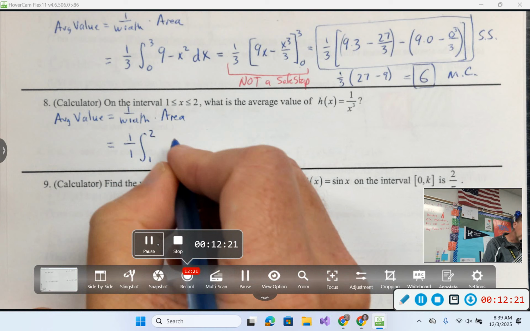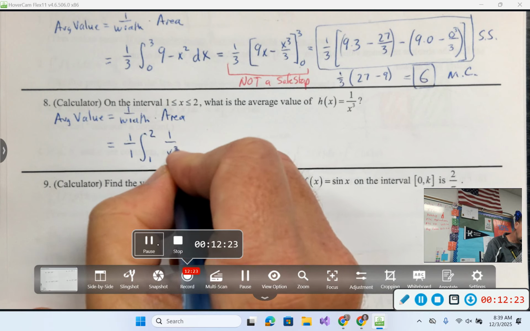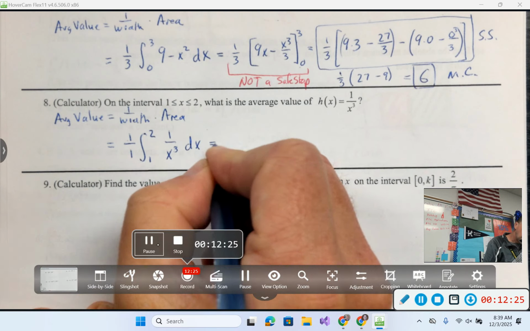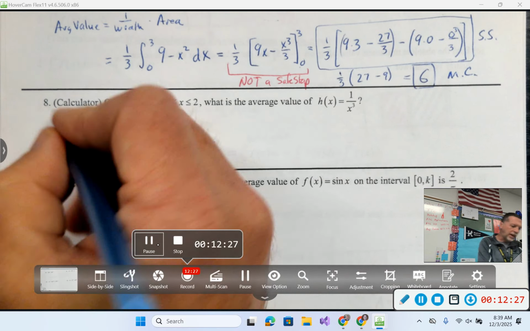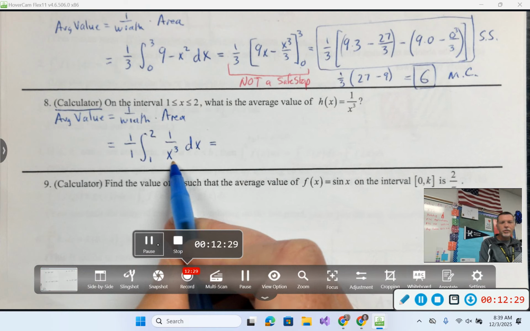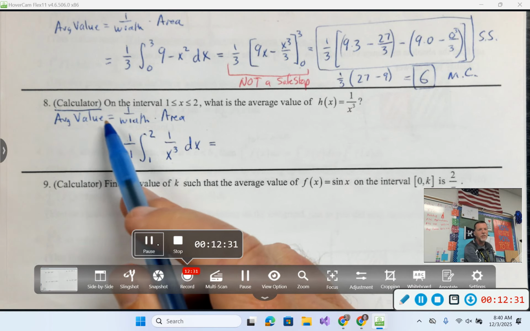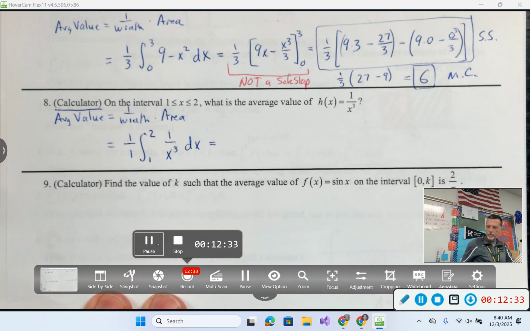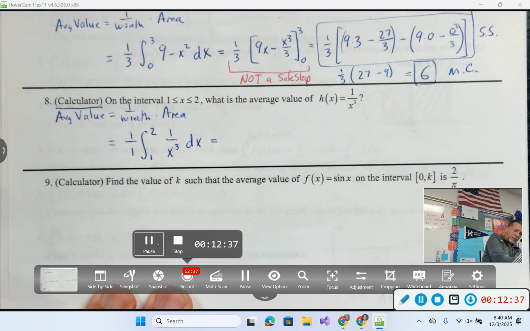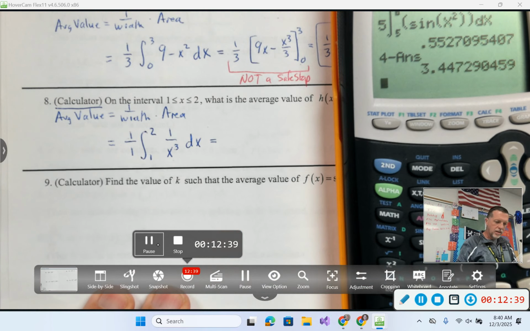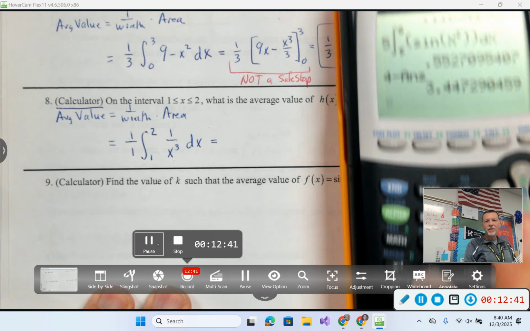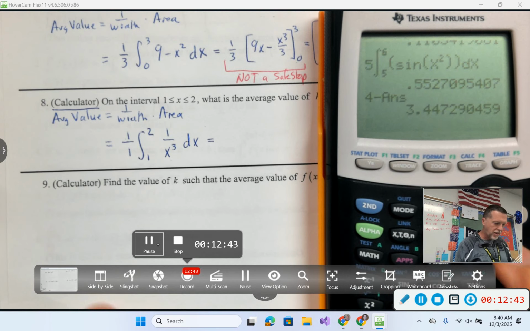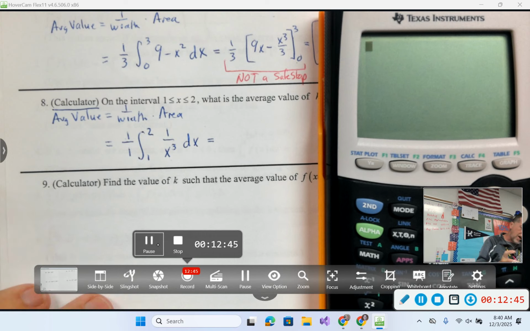The integral from 1 to 2. And this says I can use my calculator. I guess I could do this one by hand, but why bother if you get to use the calculator? What's the magic button that the calculator has for us? How do I get the antiderivative, the integral symbol to show up? Math 9.